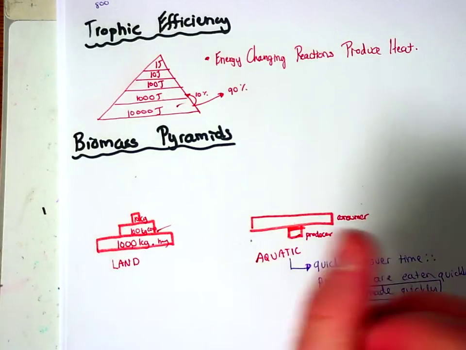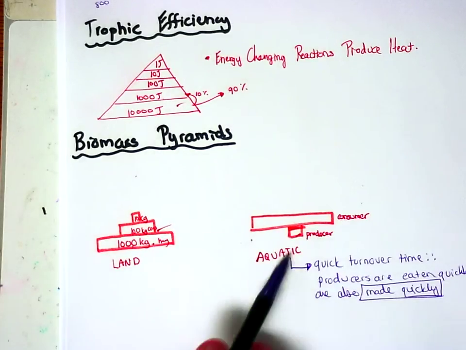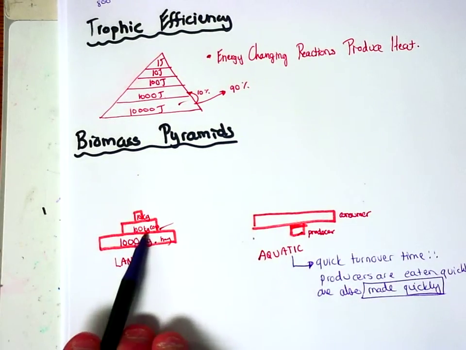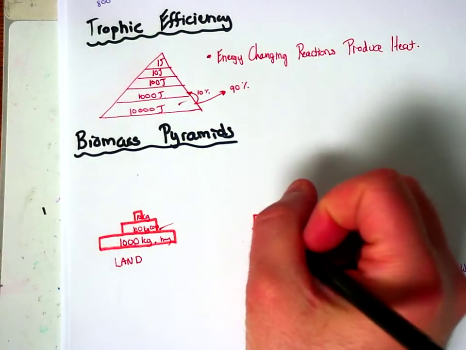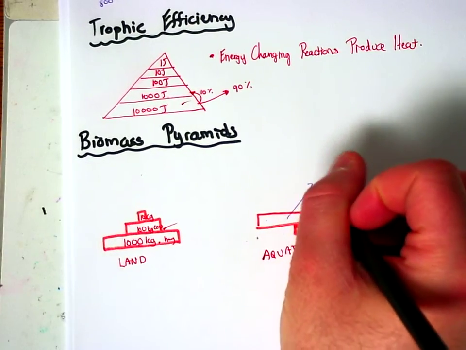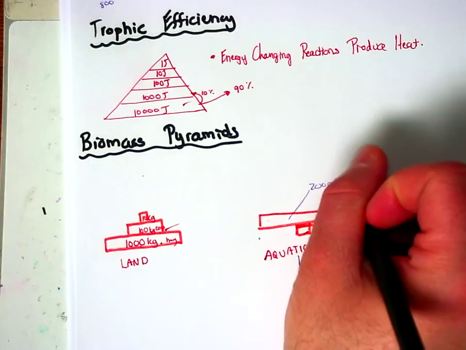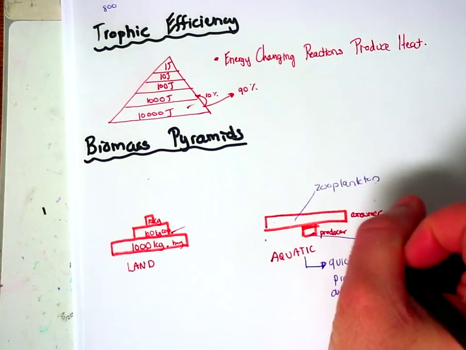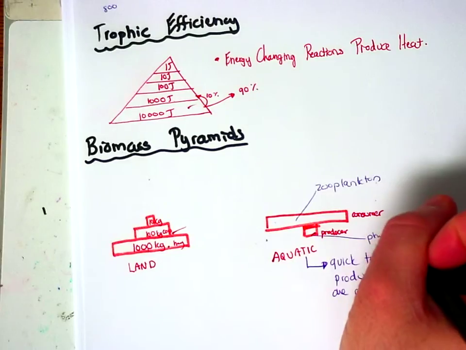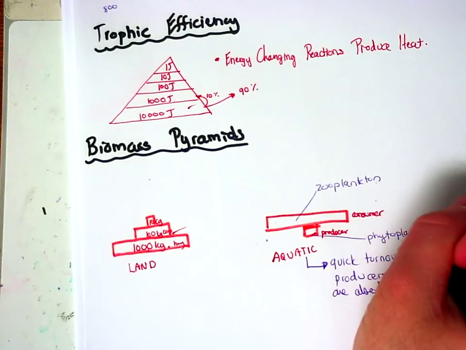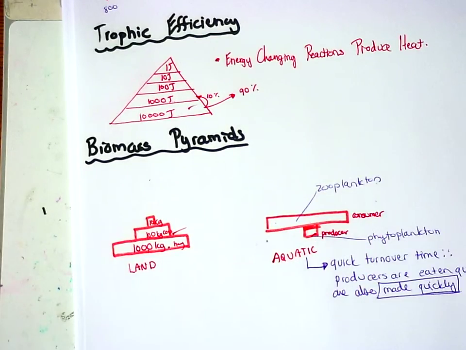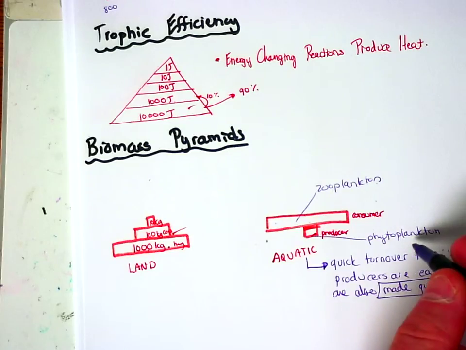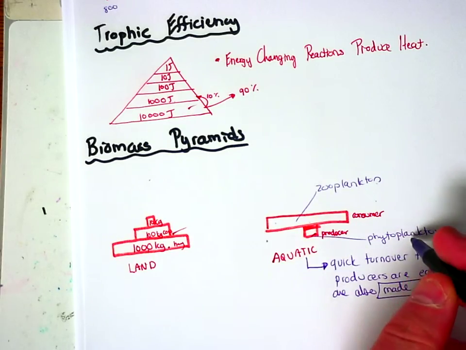A good example, and I see this one more on the AP test than the left one, because the left one's a little too basic, would be zooplankton, and the second one would be a phytoplankton. What you'll notice is that because the phytoplankton is eaten so quickly and in such great number, there's always very few phytoplankton, but they can reproduce very quickly.